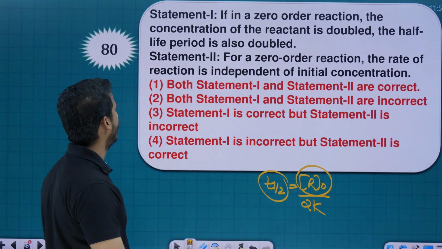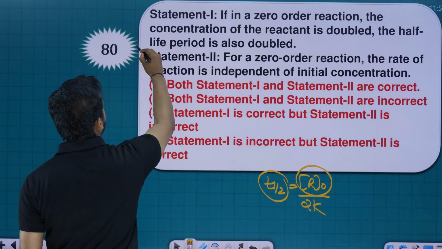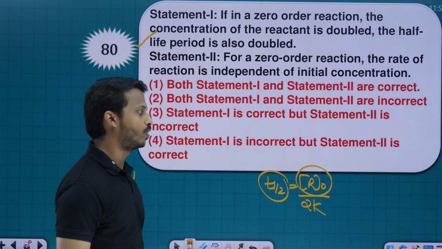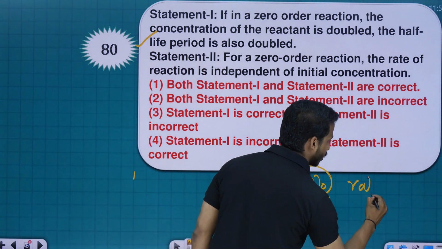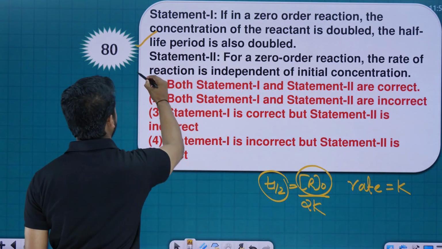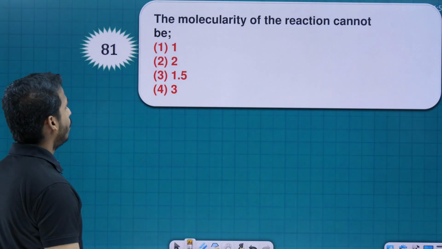Yes, they are directly proportional. Correct. Statement 2: for a zero order reaction, the rate of reaction is independent of the initial concentration. Yes, for a zero order reaction, rate is equal to what? Just K. It is independent of the initial concentration. So both statement 1 and statement 2 are correct.